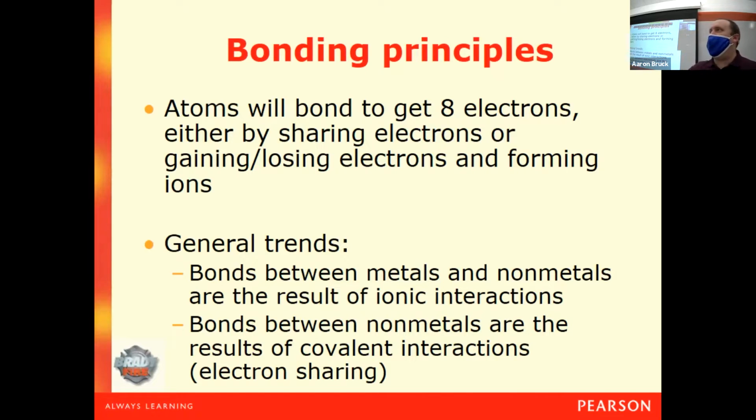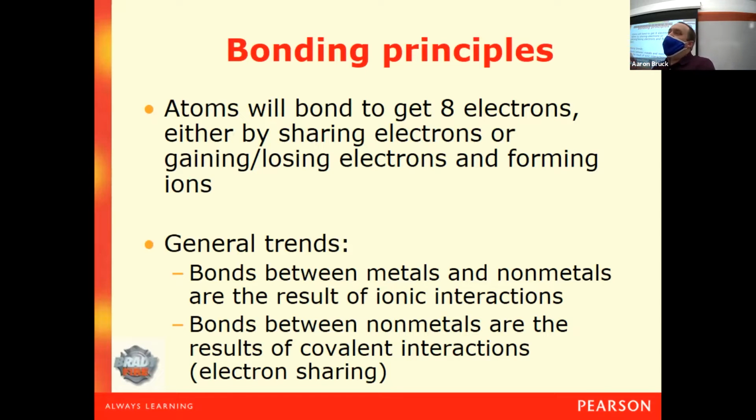On the non-metal side, we will see that there's a little bit more option because they have so many valence electrons. Let's say that you have 6 valence electrons. Well, your options are, you don't want to lose those 6. That's going to take a lot of energy to do. But you could add 2 more ionically, or you could share those 2 unpaired dots with another element that is missing electrons and make covalent bonds.